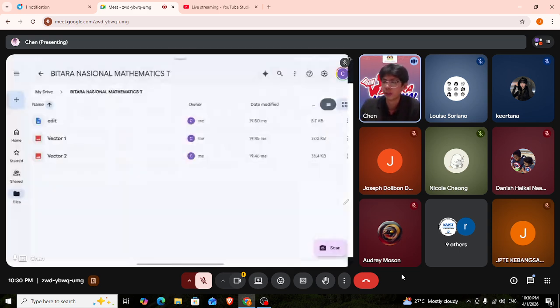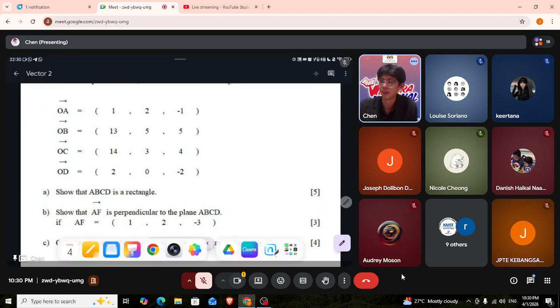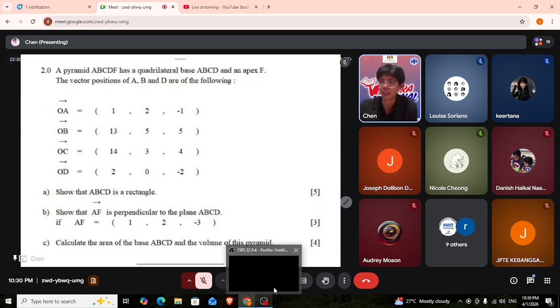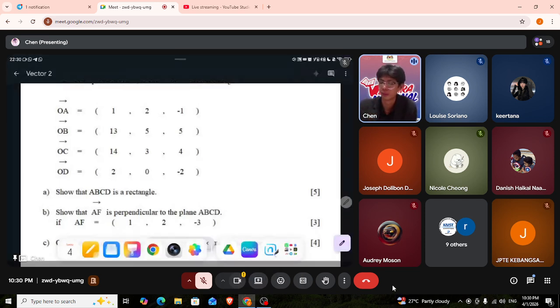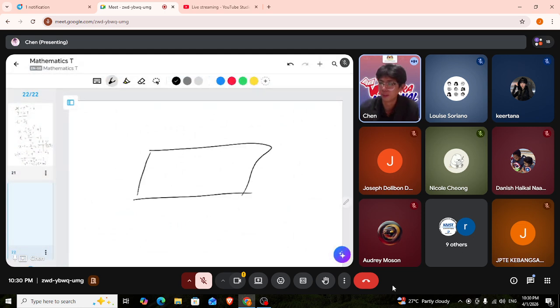And then we have one more which is a pyramid. It's not really a pyramid, it's actually a rectangle, but it has one point going up. So, for example, this is ABCD. Imagine the pyramid going up, so this is F.